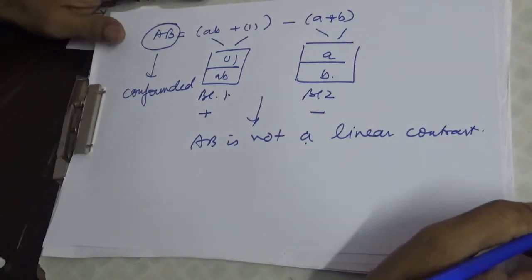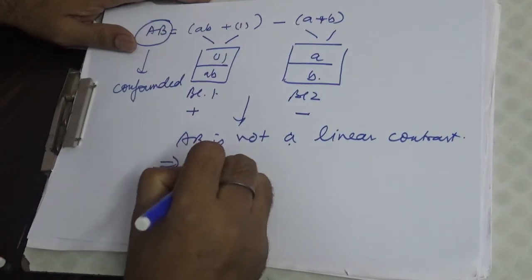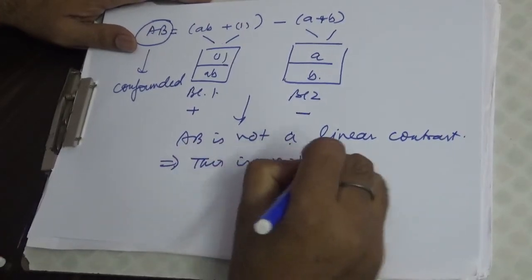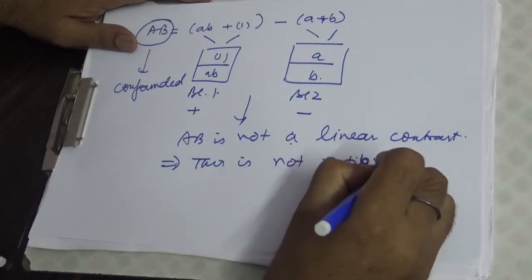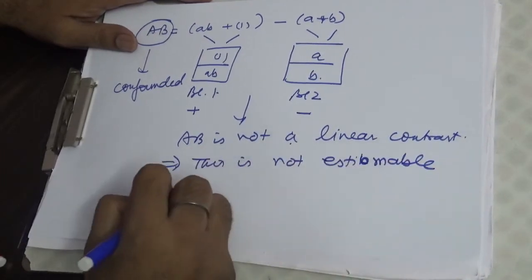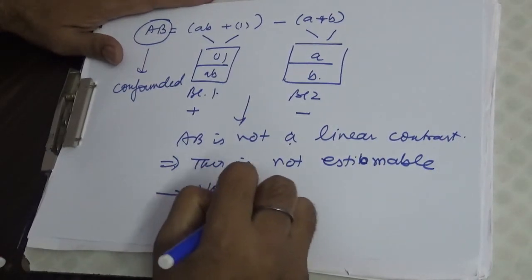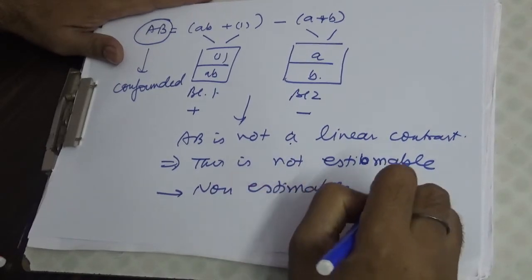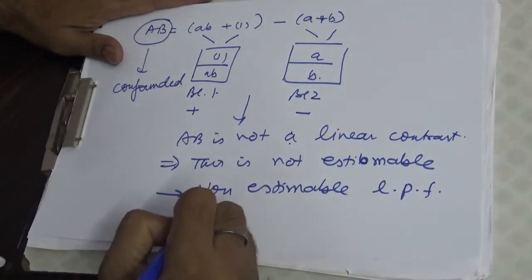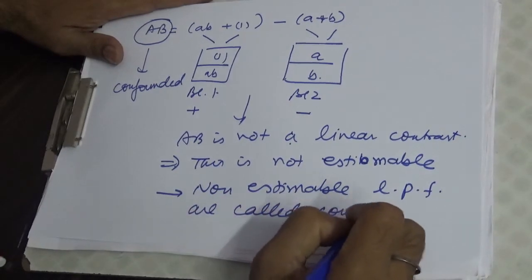And since this is not a linear contrast, this is not estimable. And when it is not estimable, this is confounded, because non-estimable linear parametric functions are called confounded.